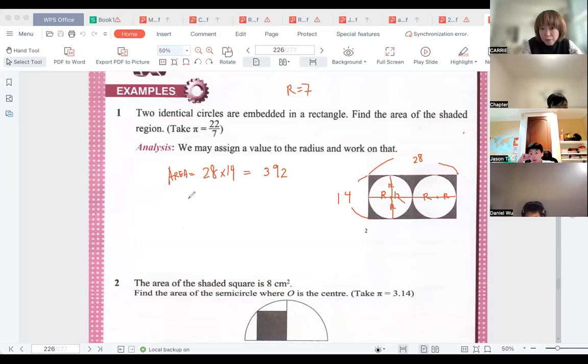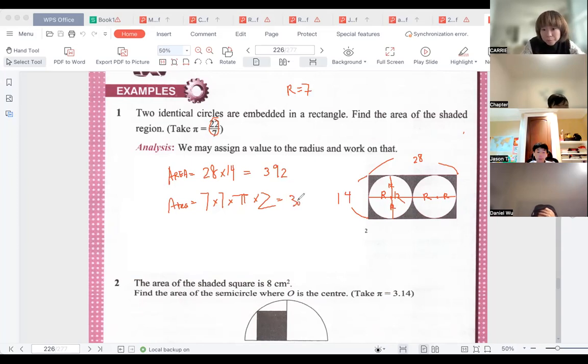Okay, so what is the area of the circles? The area of a circle is pi times 7 times 7, correct? We already have pi equals 22 over 7. So what is the answer? 308. Very good.